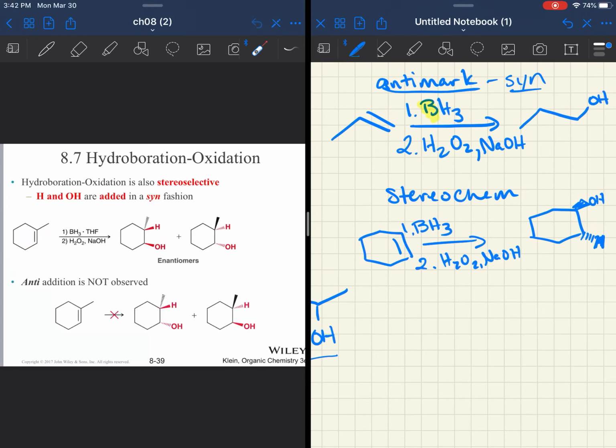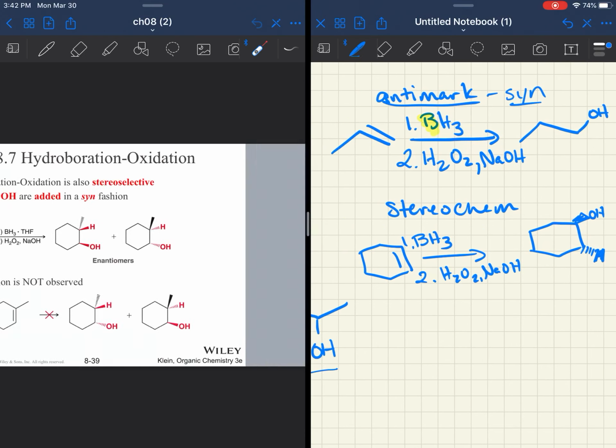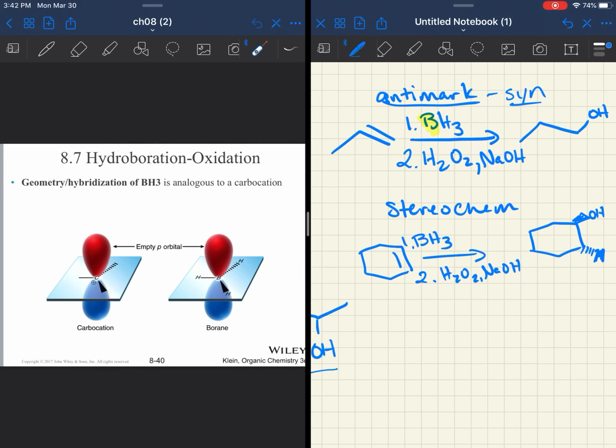Here's a better example because you do have an asymmetric double bond with a methyl group. So the OH is anti-Markovnikov, so it's adding to the less substituted side, the hydrogen to the more substituted side. If the OH and H are on the same side, then the methyl is on the opposite side.